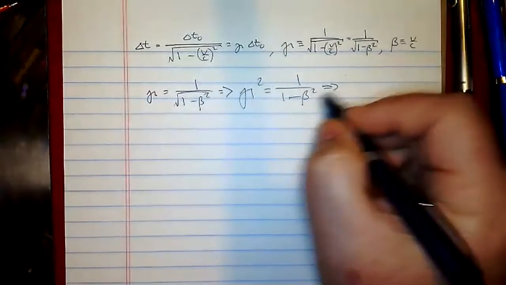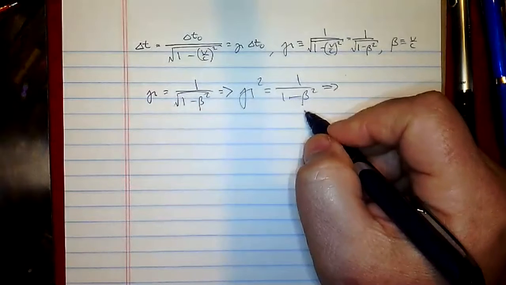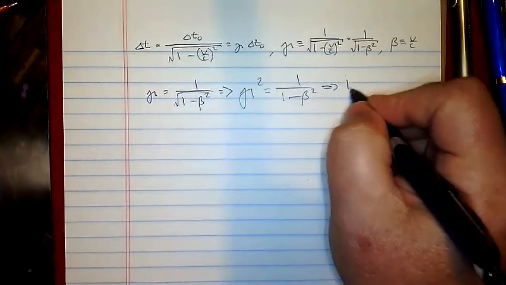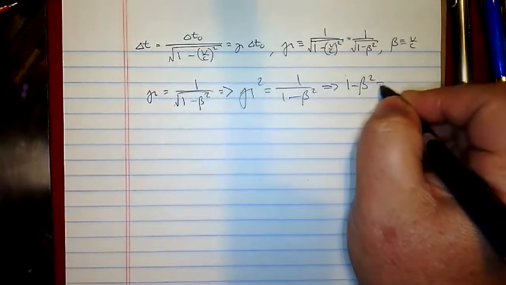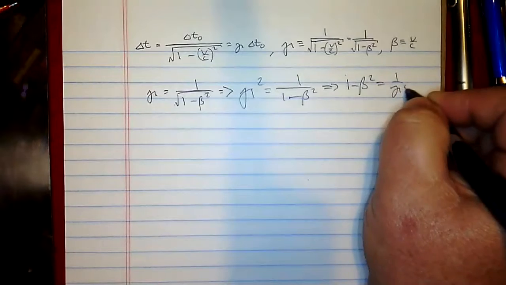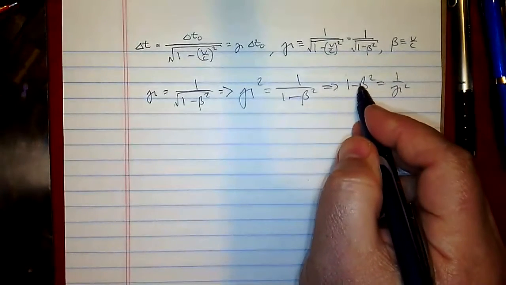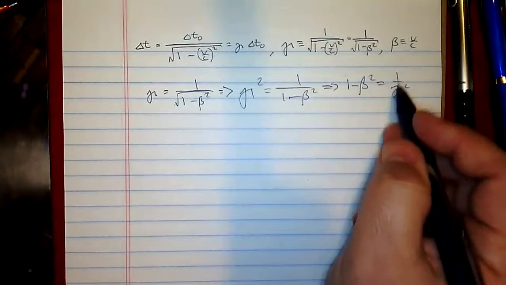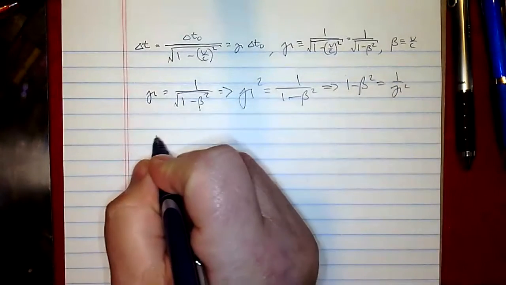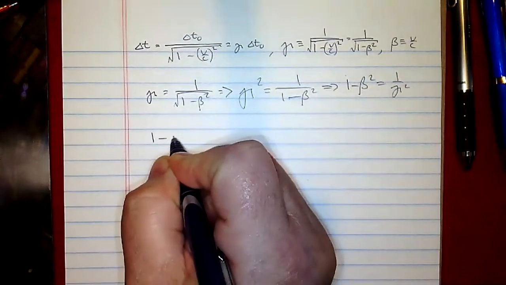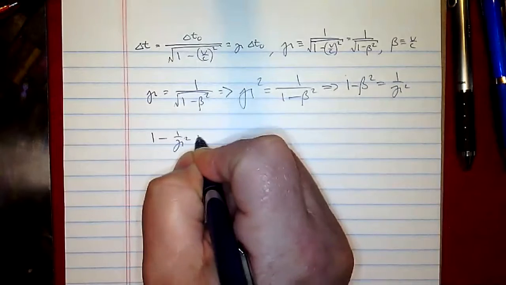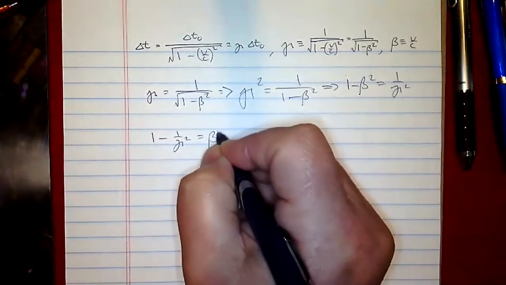Now, if I multiply through by 1 minus beta squared and divide through by gamma squared, I get 1 minus beta squared equals 1 over gamma squared. Adding beta squared to both sides and subtracting 1 over gamma squared from both sides, I get 1 minus 1 over gamma squared equals beta squared.